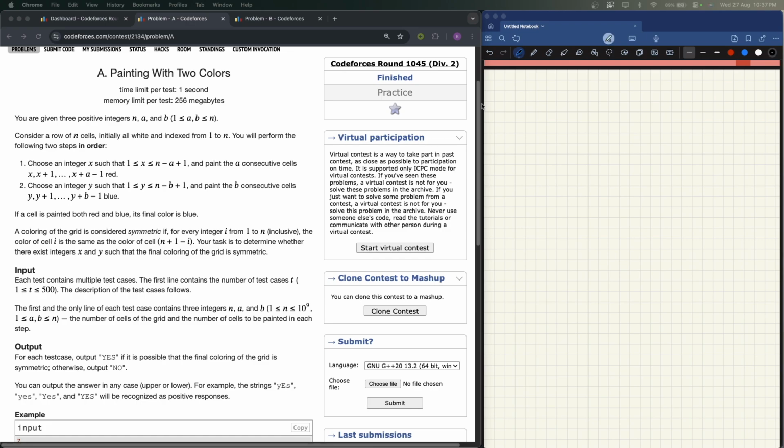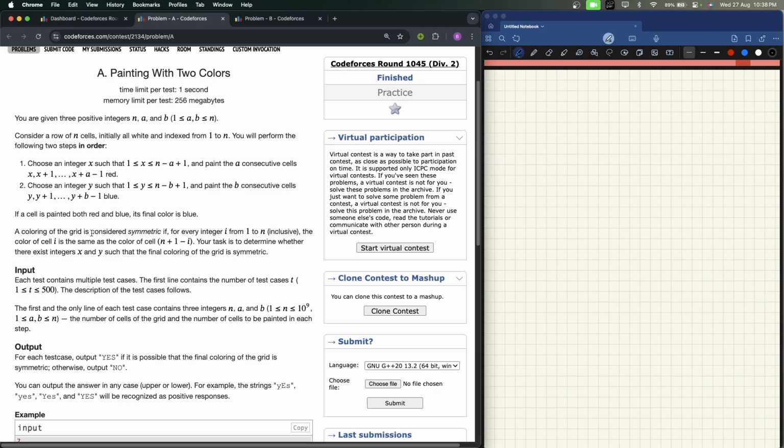We have to choose two different or same x or y such that we paint red from index x to x plus a minus 1, of length a, and blue of length b.